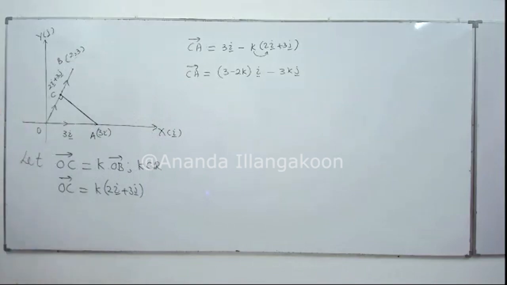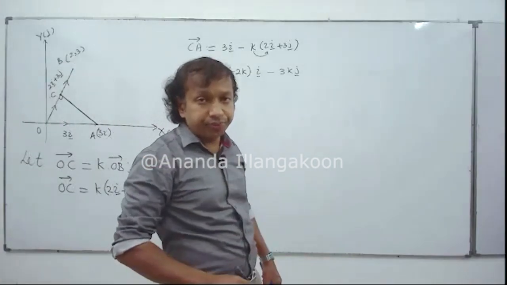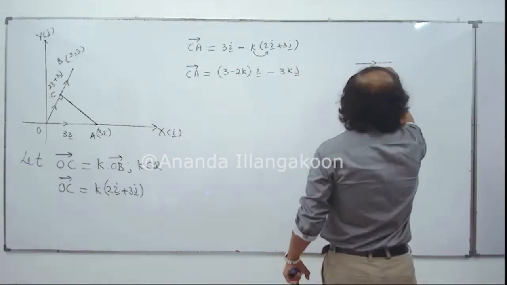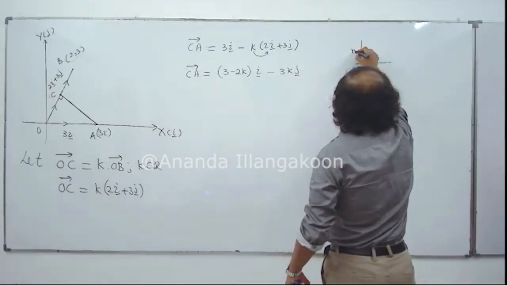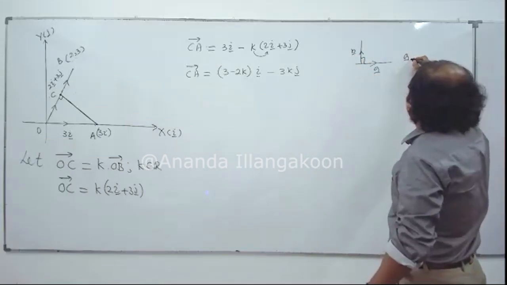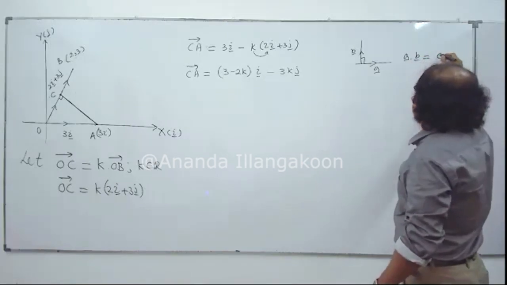Now we are given that OC and CA are perpendicular. We learned the dot product in vectors: when two vectors A and B are perpendicular, their dot product A dot B is equal to 0.